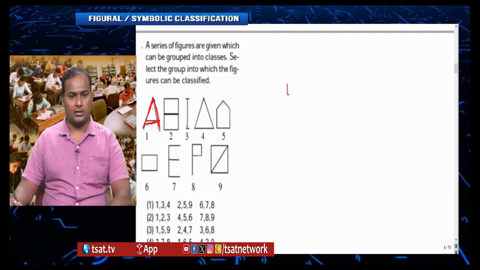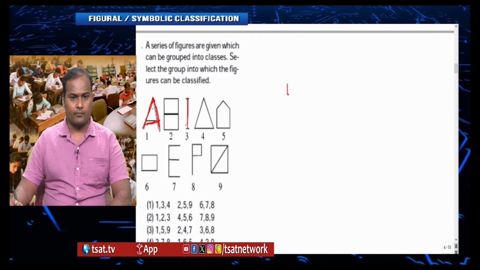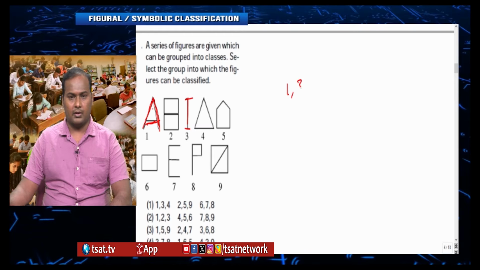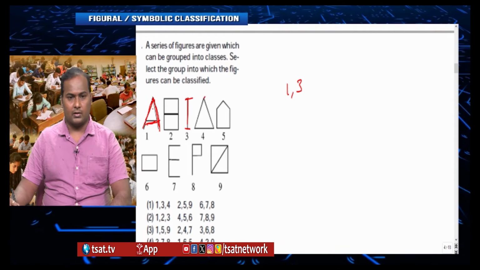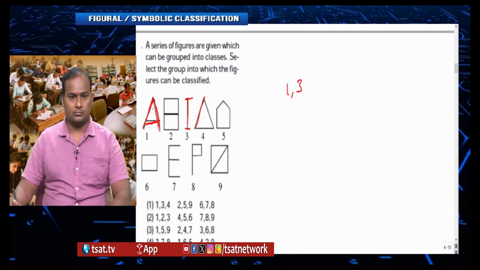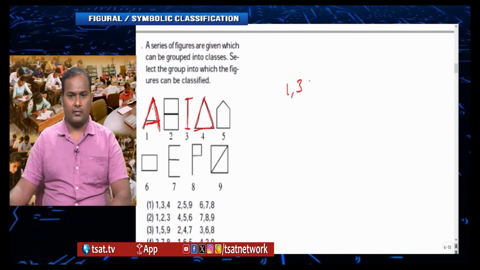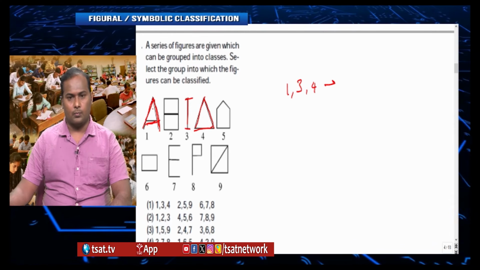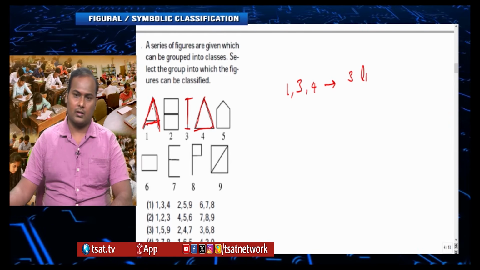Figure 3 also has 3 lines: one line, second line and third line. And the fourth one also is formed with 3 lines, 1, 2 and 3. So obviously 1, 3, 4 will form a group based on the character of 3 lines.